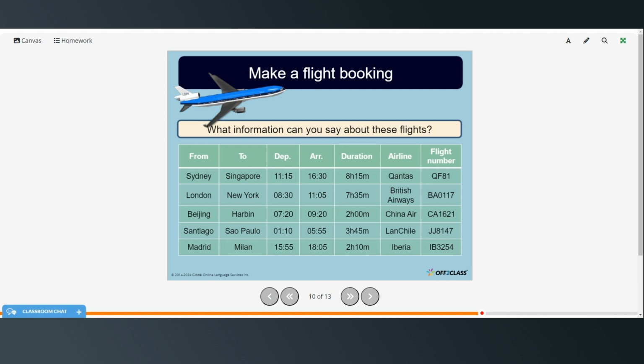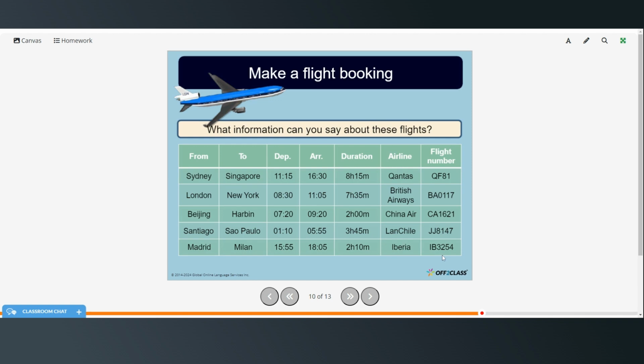The airline is LAN Chile, and the flight number is JJ8147. And finally, a flight from Madrid to Milan, leaves Madrid at 15:55, arrives in Milan at 18:05. The flight is 2 hours and 10 minutes. It's on Iberia Airline, and the flight number is IB3254.